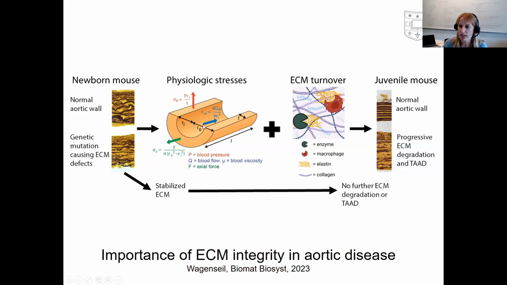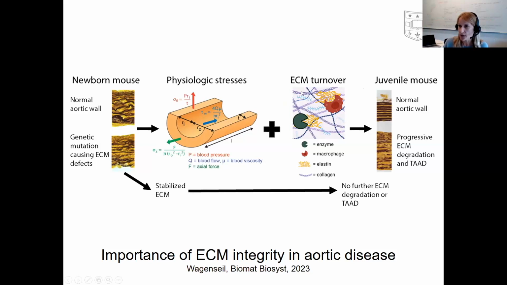You can have stresses actually that act on the surface of the inside that are due to the flow of blood here in blue. And then you can imagine stresses pulling it in this direction due to tethering forces. And so the aorta is exposed to these stresses, and it must be strong enough to withstand them.